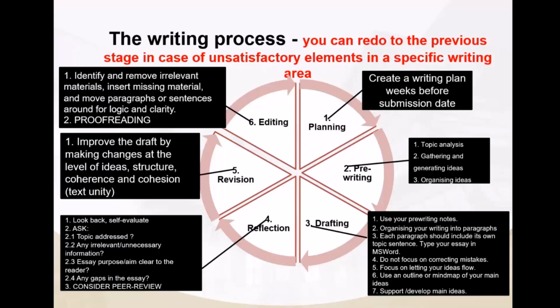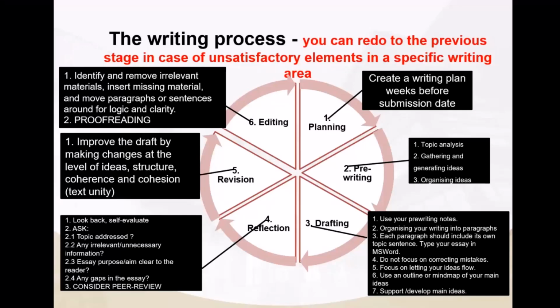And stage number 3, where you are now actually writing a draft, not yet final, but a draft essay. You then do what? Number 1, use your pre-writing notes, organize your writing into paragraphs. Each paragraph should include its own topic sentence.